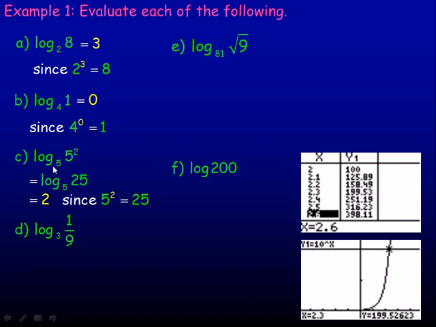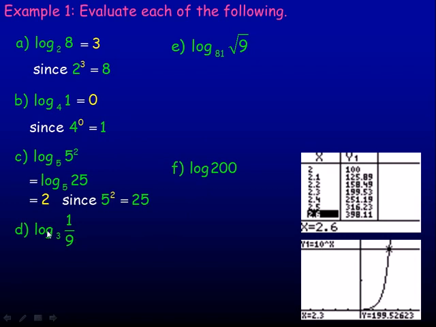If the base of the power and the base of the logarithm are the same, this actually equals that exponent. More generally stated, if you have the logarithm base a of a raised to the power of x, as long as the base of the logarithm and the base of the power are the same, that equals that exponent x. And that's an example of that in c.